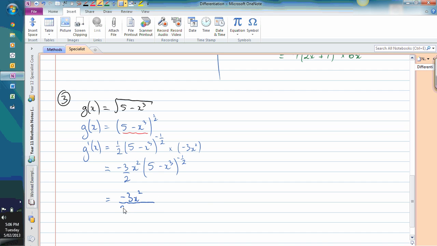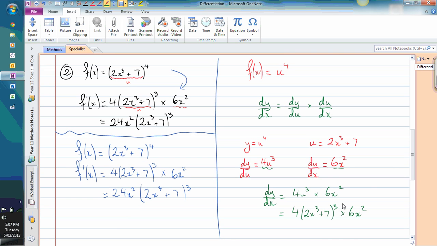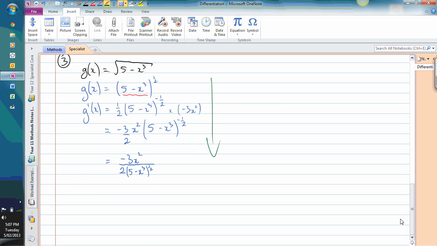So I can write this as 2 outside of 5 minus x cubed to the power of 1/2. And if you really wanted, we could replace this half with a square root, if we'd like, over the whole 5 minus x cubed. But that there is a much quicker method of doing the chain rule than the long, complicated process we were dealing with before.